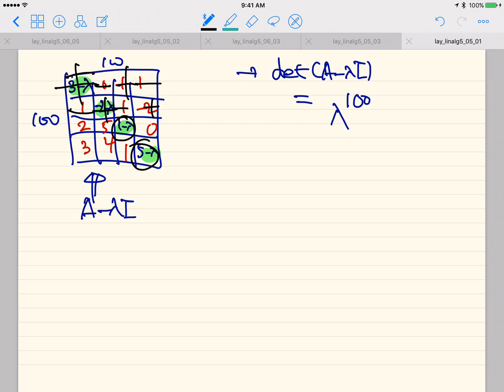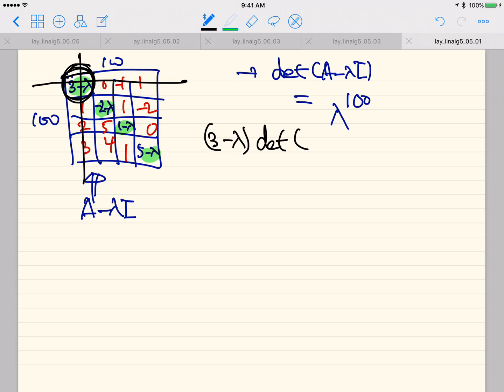Then let's think about the remaining part in order to compute the determinant. If we chose this entry, then we have to remove the corresponding row and column. That is the submatrix that we have to consider. Then it's 3 minus lambda times the determinant of this matrix.